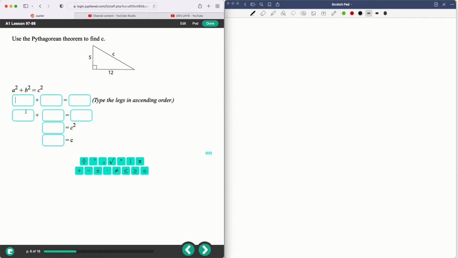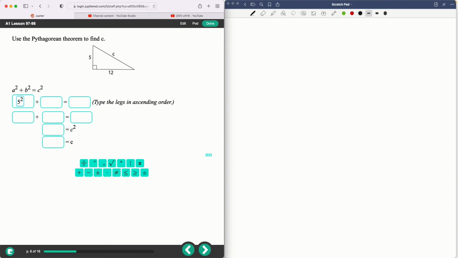So we have the upright, 5 squared, the base, 12 squared, the hypotenuse, C squared. 25, 144 is still C squared. All right, so 25 plus 144 is 169, which is equal to C squared.